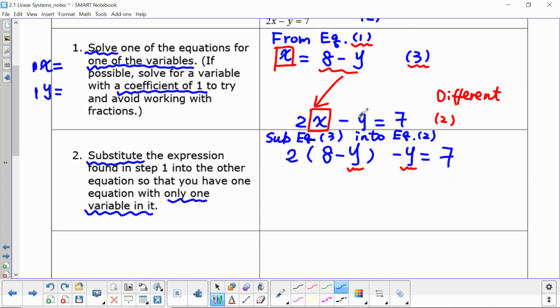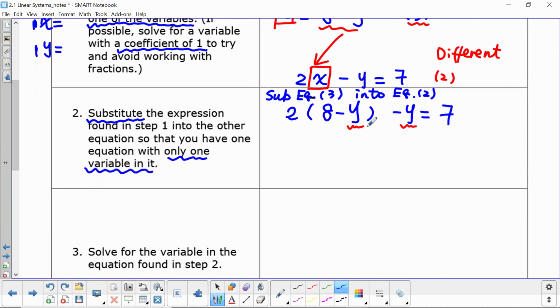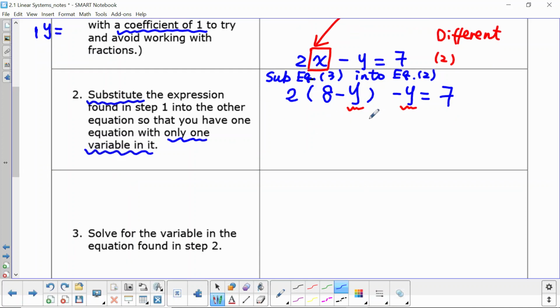The difference between equation 2 and this one is the x is gone. We use the equivalent 8 minus y to replace x. Then after that, I just solve for the variable in this new equation.